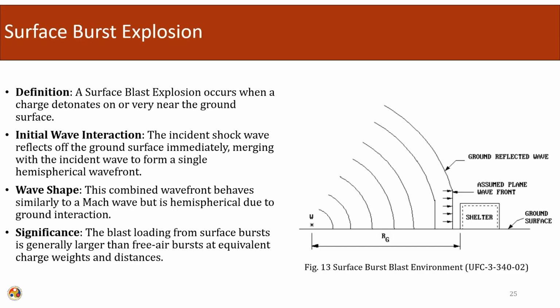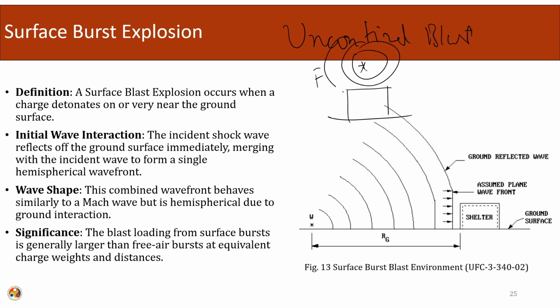After that we are talking about the surface burst explosion. So, now we are talking one by one. We are dealing with the unconfined blast. We looked into the free air blast. In the free air blast, the blast occurs above the structure and it follows a spherical path.